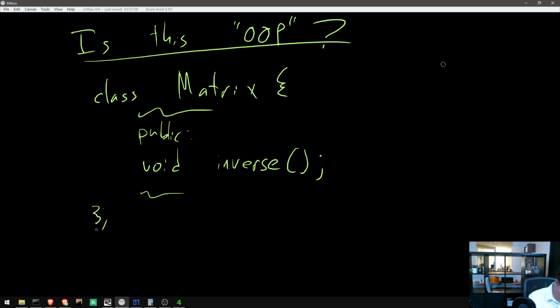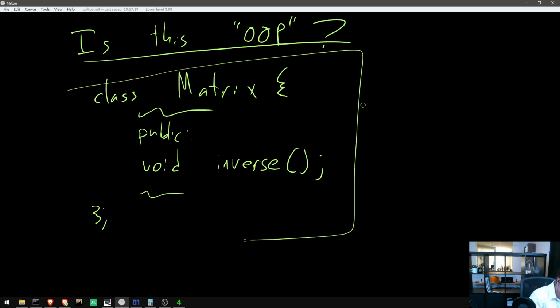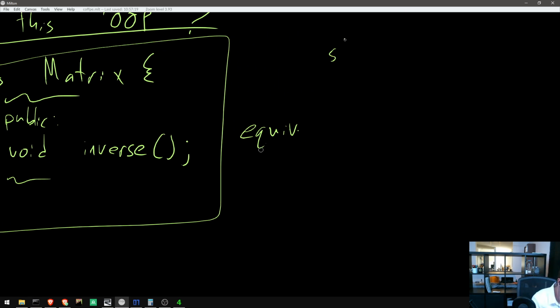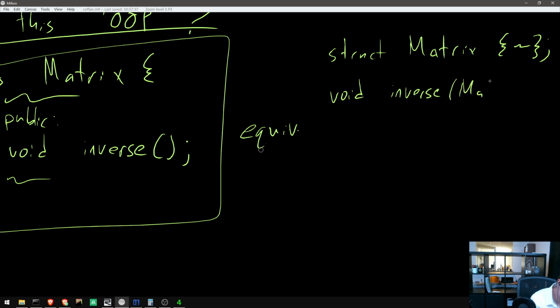Close. And the point is, isn't this just, you know, so inverse is kind of equivalent to if we just had our struct matrix and then, you know, the C void inverse matrix.